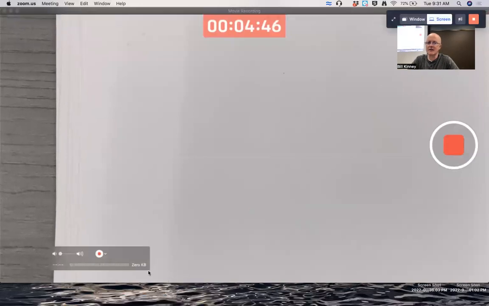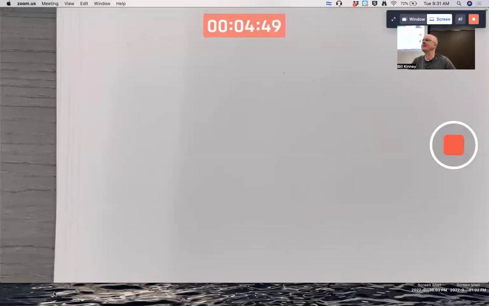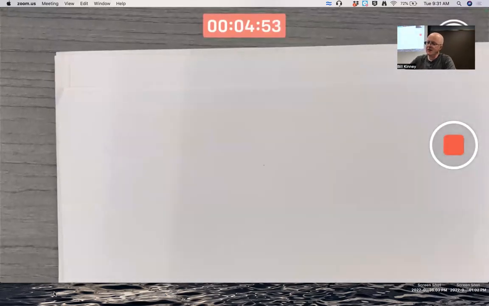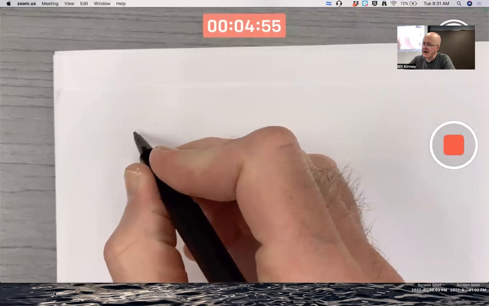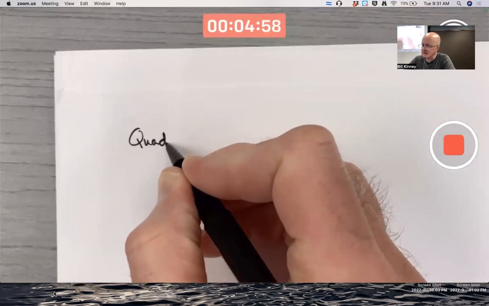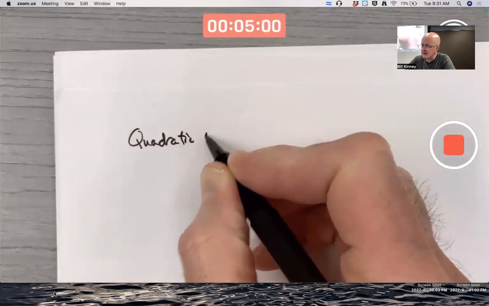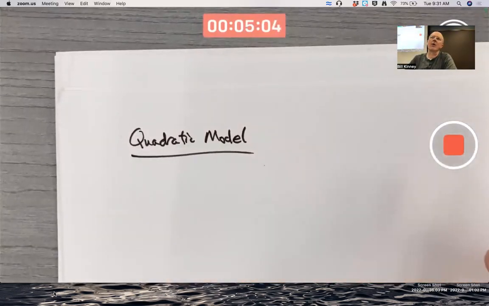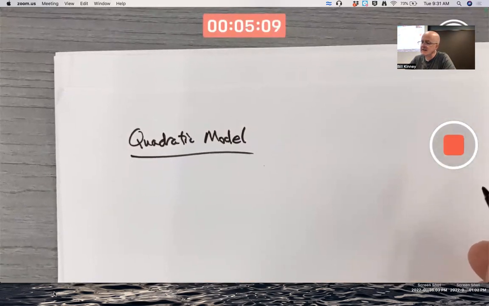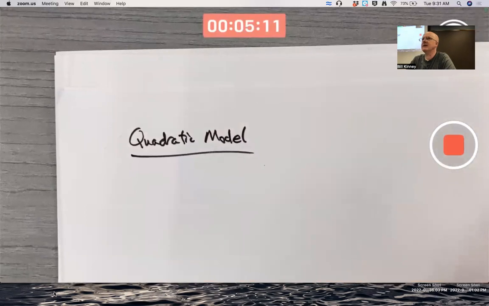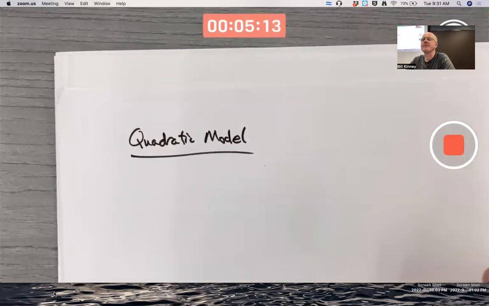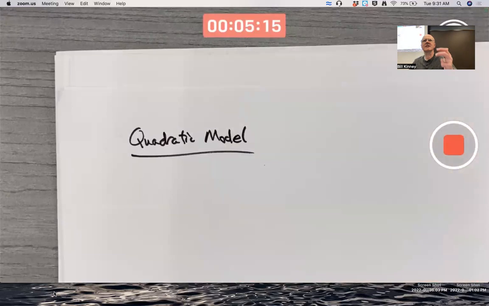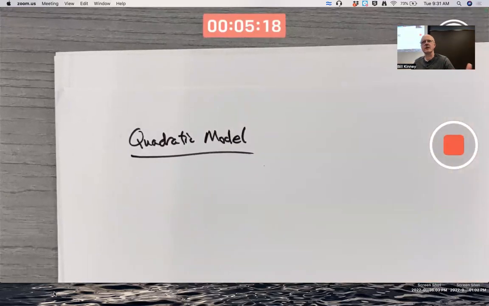But let's start by just writing down a new kind of model. You could call it a quadratic model for some data, or for a random variable y in terms of a non-random variable x. And even though it's going to be quadratic, even though we're going to have x to the second power, it's still actually going to fit under the rubric of linear regression.